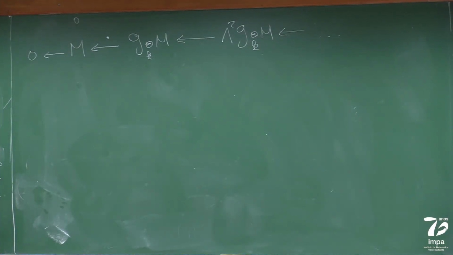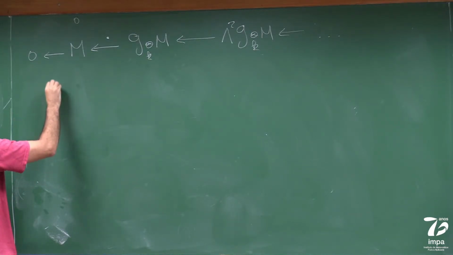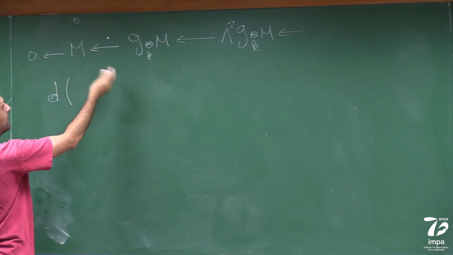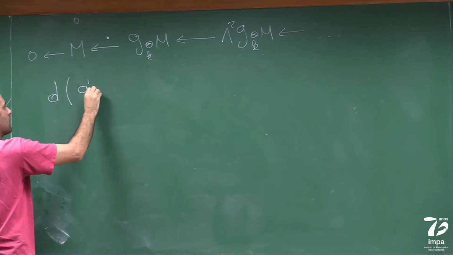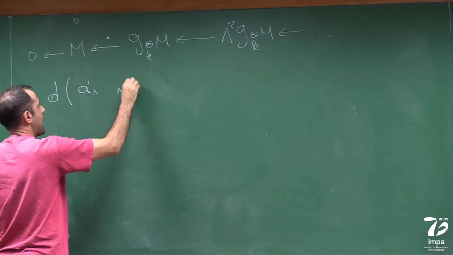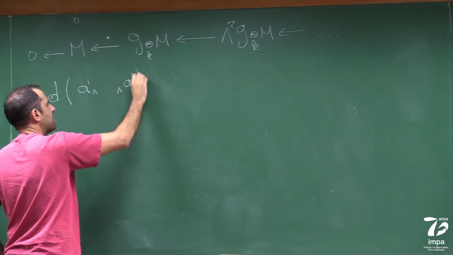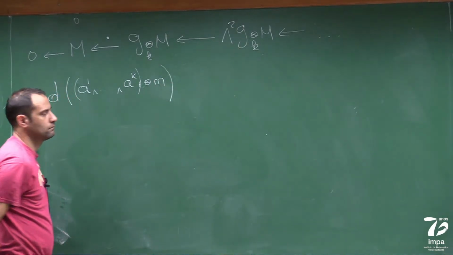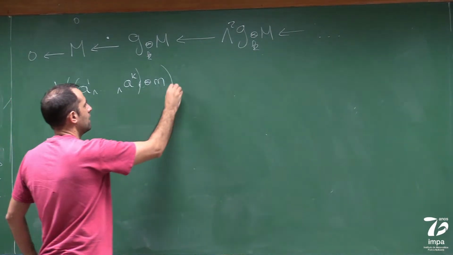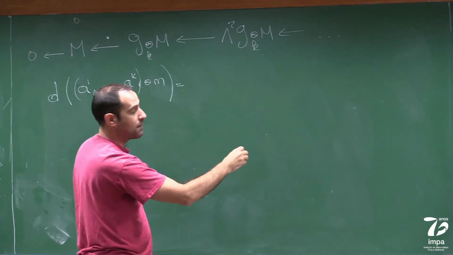So now I need to tell you what the differential is. Now I have different objects. I have A1 wedge ... wedge AK. And now I have an extra element, which is my element in M. And I tell you what that is. This is going to have that sum that I had before.